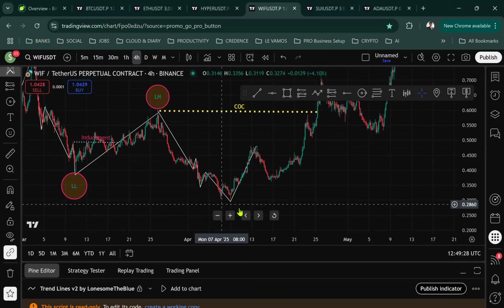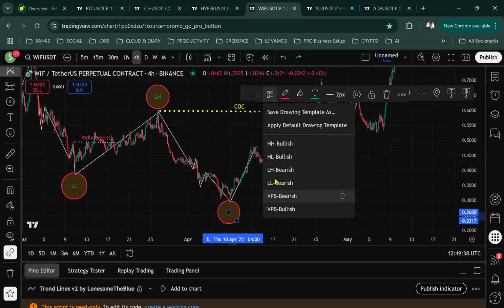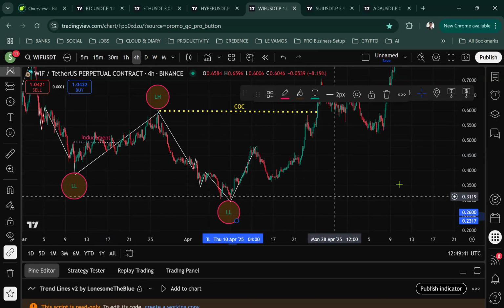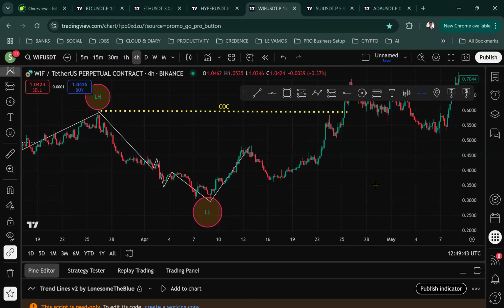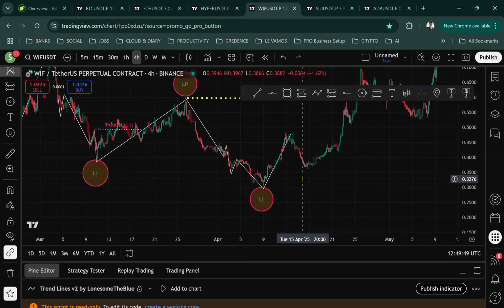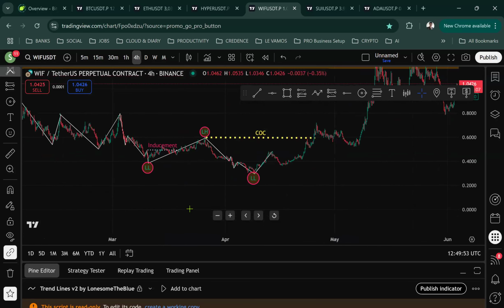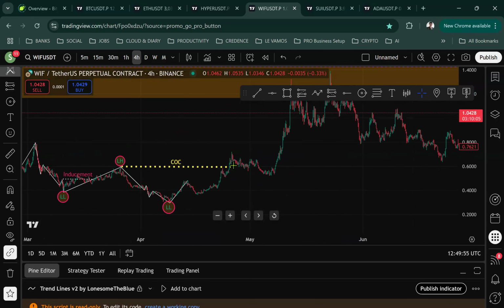Fine. Which means from here the trend changed. You see the correction and another breakout of structure, so it is going up now.